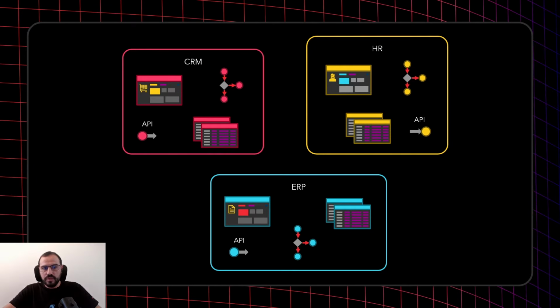And for each one of these domains, they have a set of applications with screens, they have background logic, and they have their own databases and a set of APIs, right? So you can imagine this as being an OutSystems environment, but also any other technology stack.